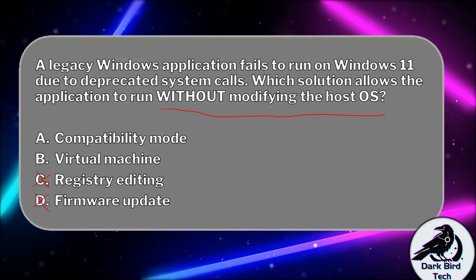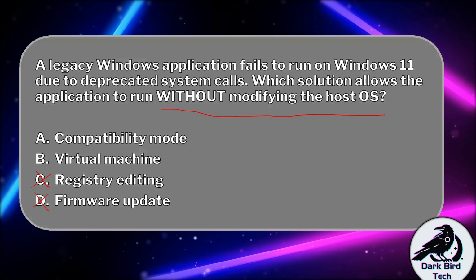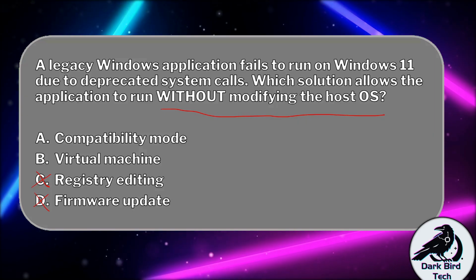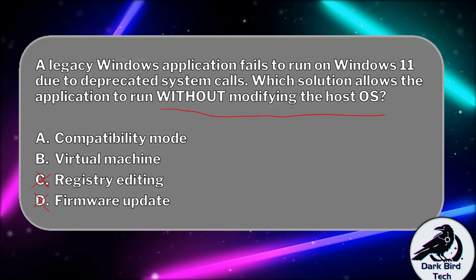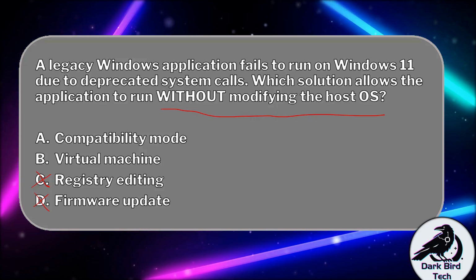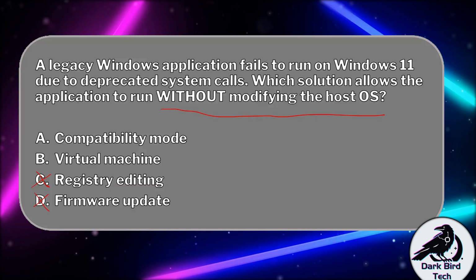Now, compatibility mode can work to get legacy applications running on a more modern version of Windows. However, if it's a deprecated system call, compatibility mode is less effective because at the end of the day, the system call is looking for something that is no longer present or no longer presented in the same way.